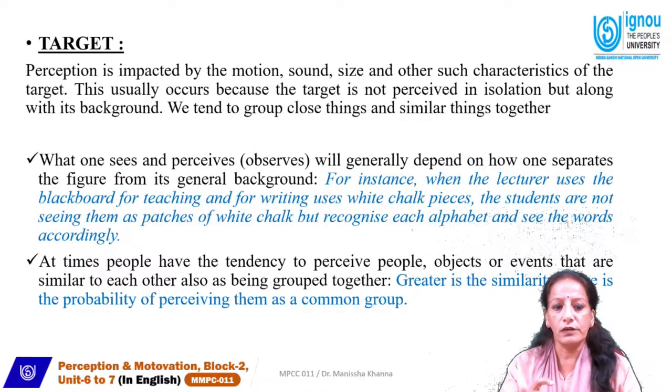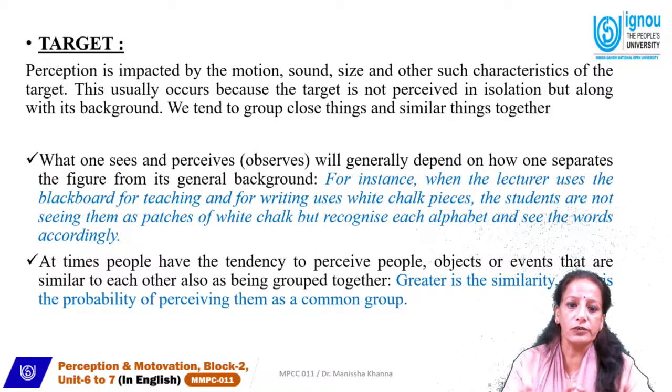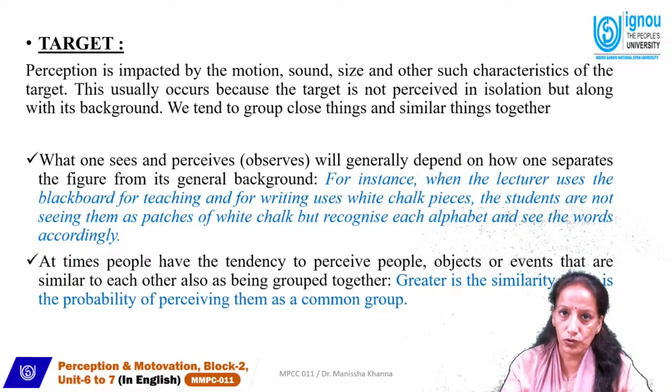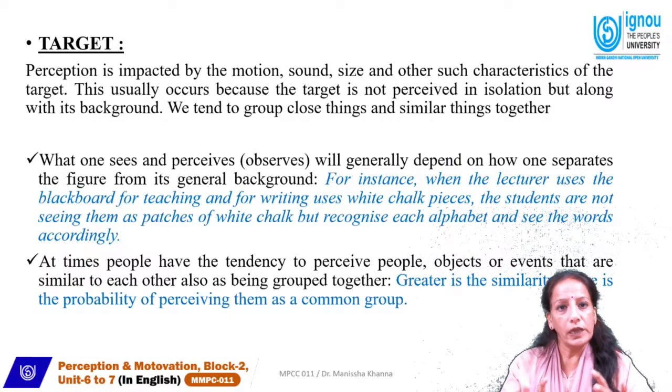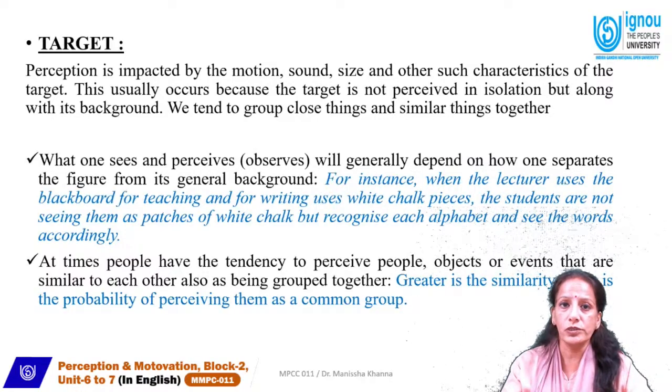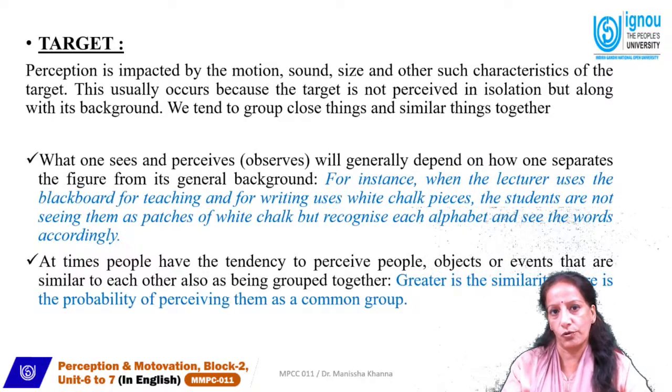At times people have the tendency of perceiving people, objects, or events that are similar to each other as also being grouped together. The greater the similarity, the more the probability of perceiving them as a common group.